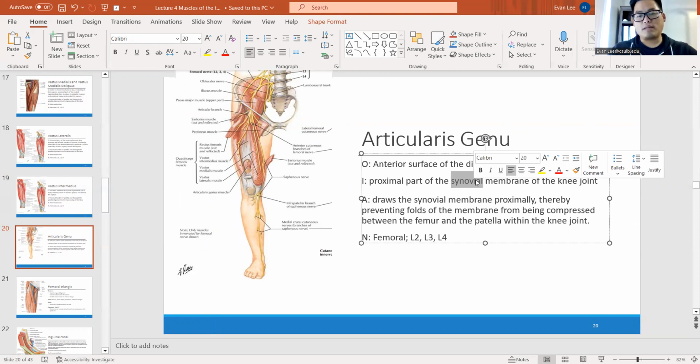So this helps to pull on the synovial membrane whenever there are actions being performed by the knee joint, so that it keeps the synovial membrane somewhat out of the way. And then luckily, once again, femoral nerve L2, 3, and 4 is its innervation.